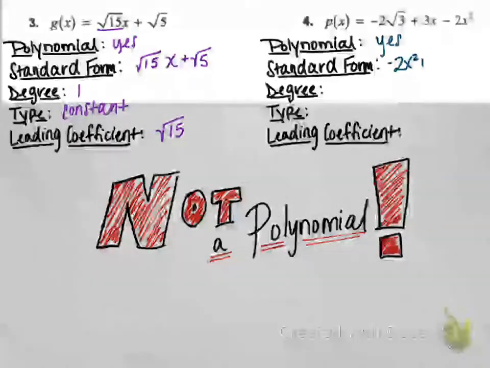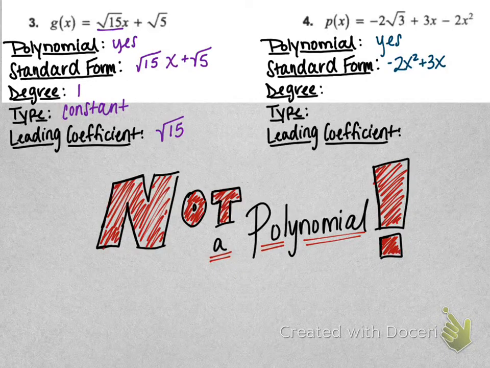And then I'm going to move on to my next piece, which is going to be that positive 3x. And then I'm going to finish it up with the constant, which is negative 2 times the square root of 3. From here, I can say that my degree is going to be 2. That means that it is a quadratic function. And its leading coefficient is going to be a negative 2.